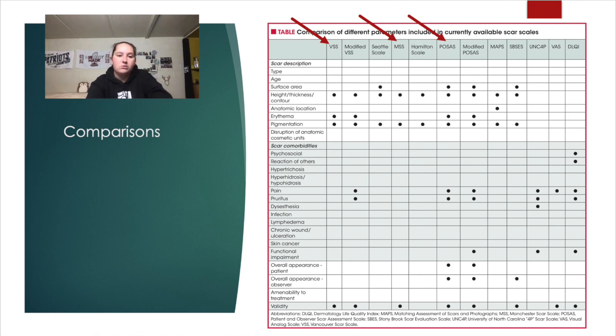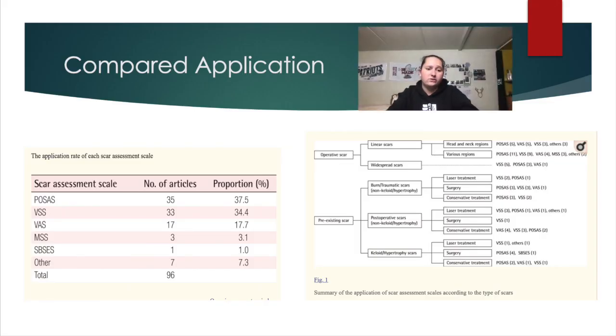And then this one compares the application or the actual use of the scales. So you can see on the pink and white striped chart that the Vancouver Scar Scale is used in a higher proportion of assessments or treatments, or documented at least, than the Manchester Scar Scale.